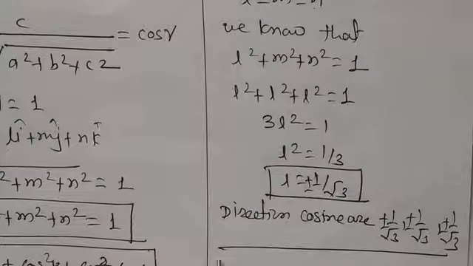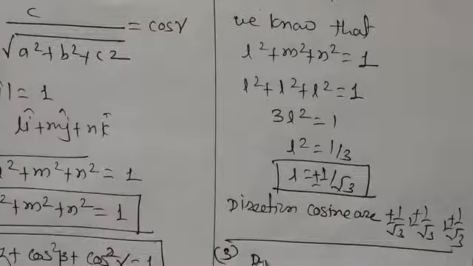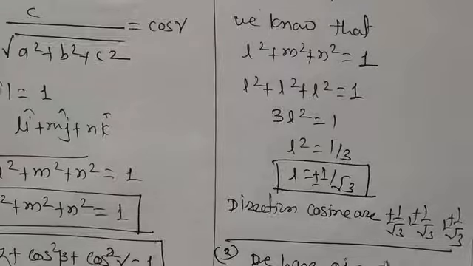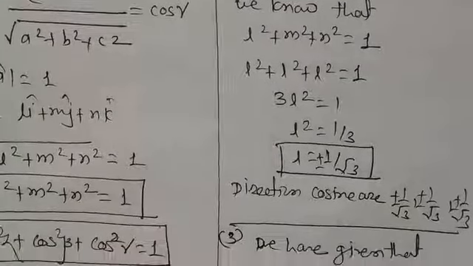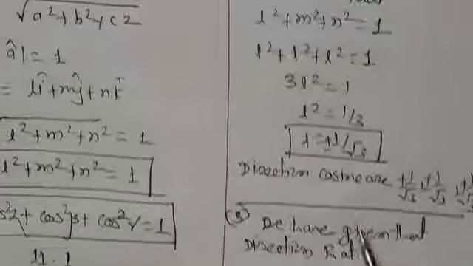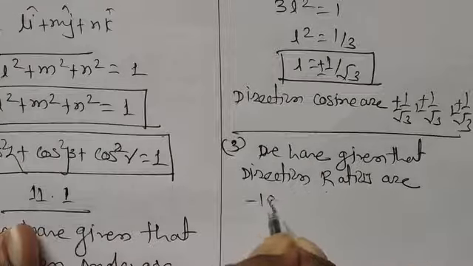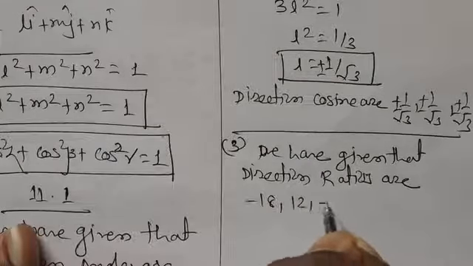Now example number 3 is the same way, where we are given the direction ratios. Direction ratios are minus 18, 12 and minus 4.